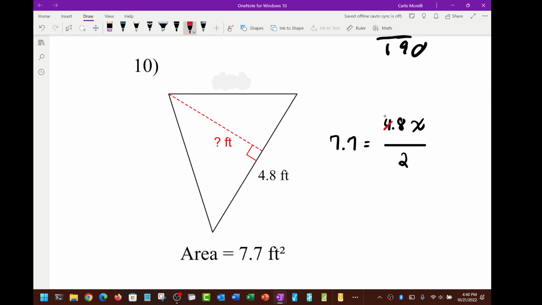Say, well, 2 goes into 4 2 times with no remainder, and then into 8 4 times. So that allows us to go ahead and just get rid of that. And so now I've got 7.7 equals 2.4x.